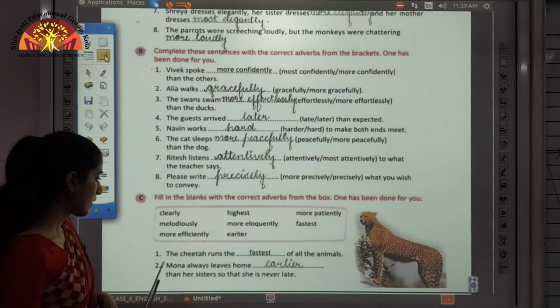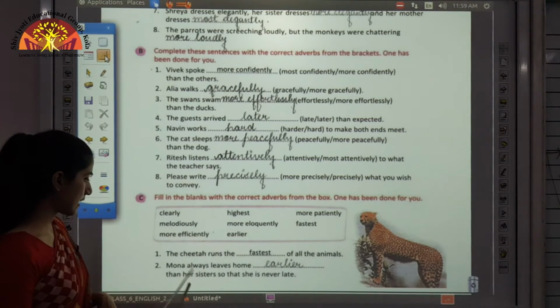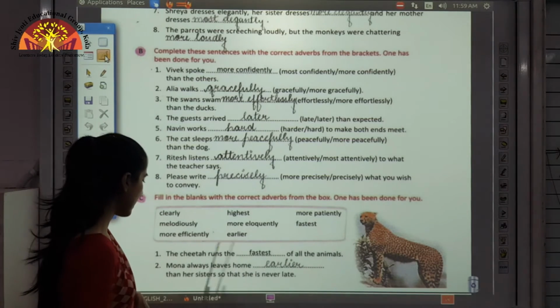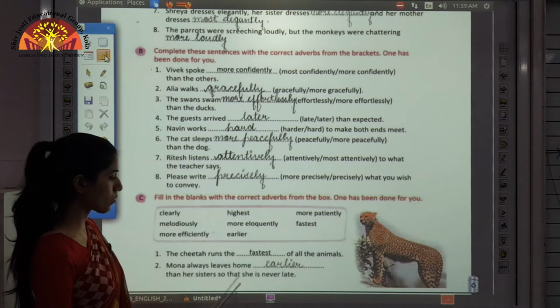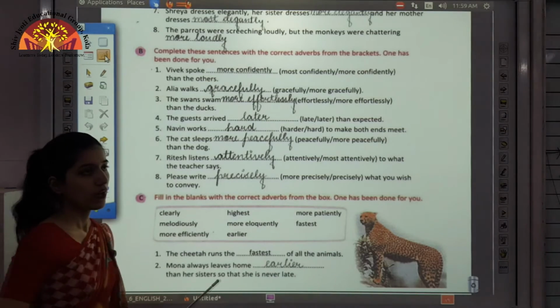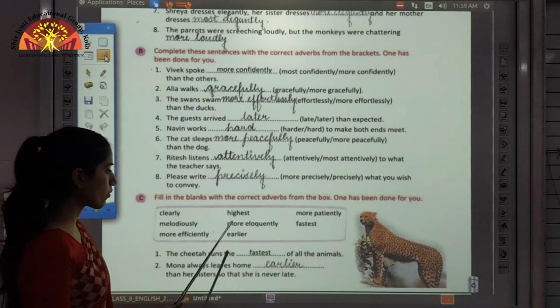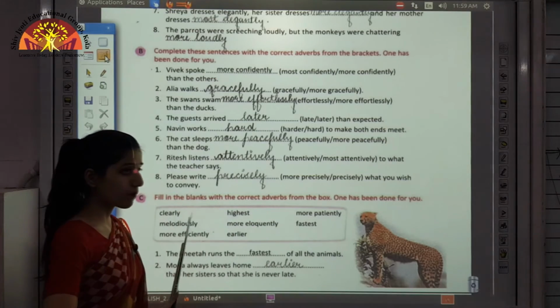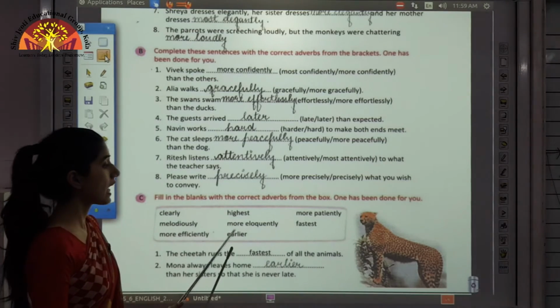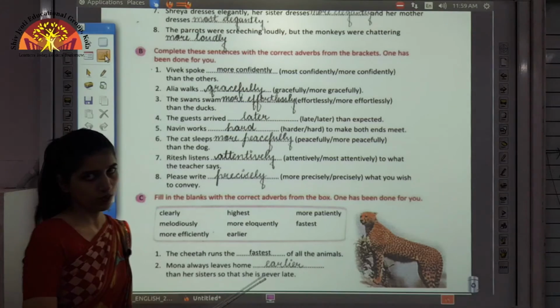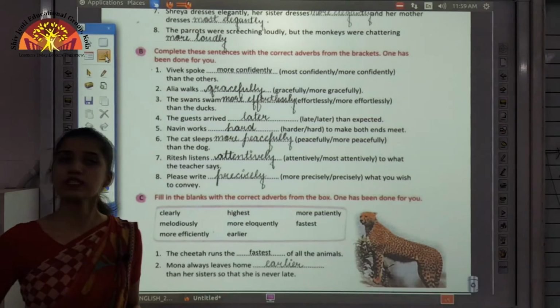So I am seeing the example. Mona always leaves home dash than her sisters so that she is never late. What is the most appropriate adverb from this box? That is earlier. So we will put earlier in this blank. In this way only you need to do this exercise.